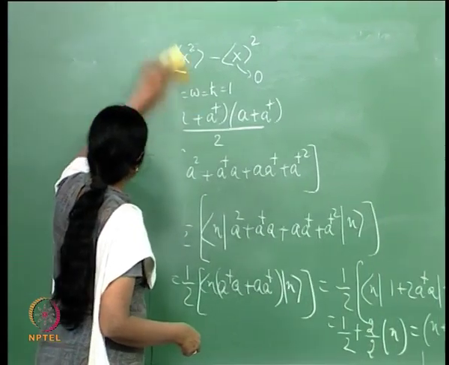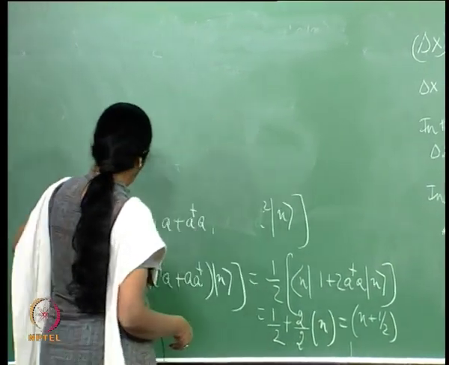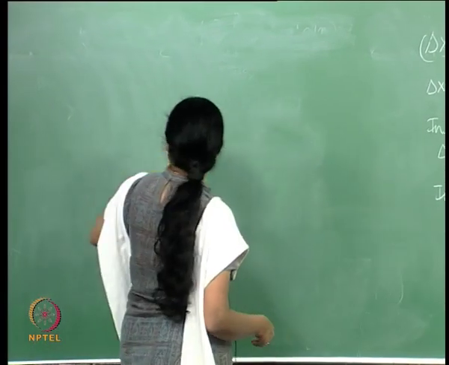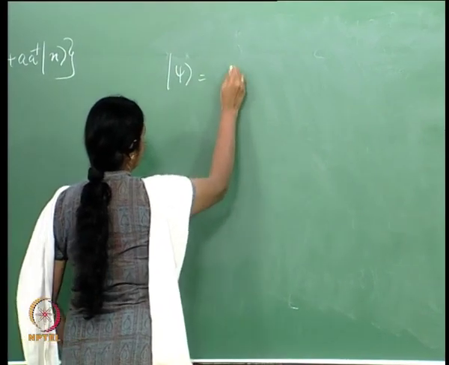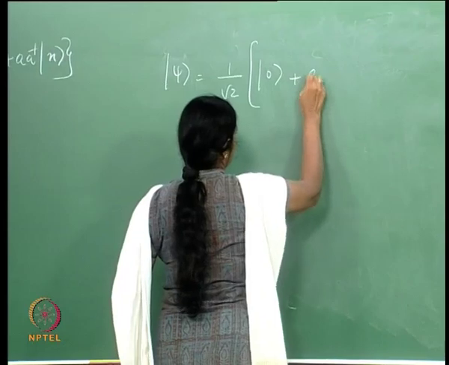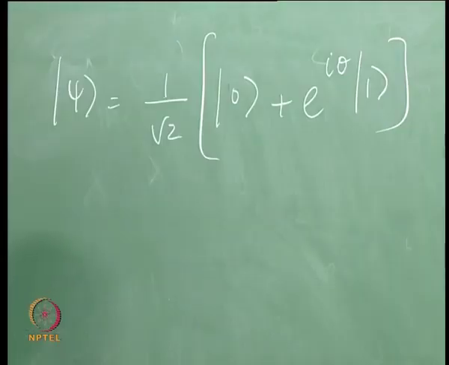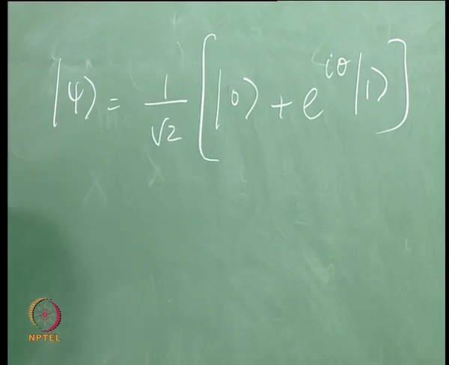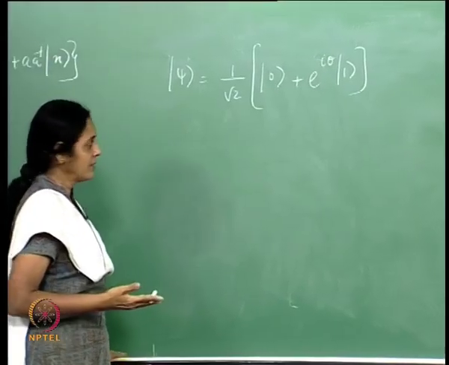My next exercise concerns the qubit. I now wish to look at the state psi, which is (ket 0 plus e to the i theta ket 1) by root 2, where e to the i theta is just a phase.